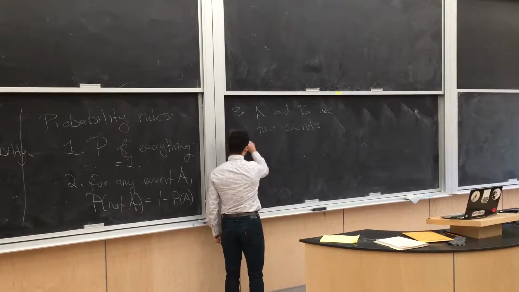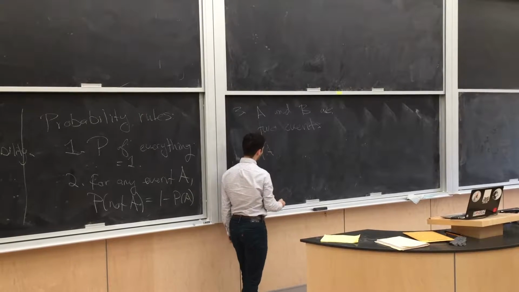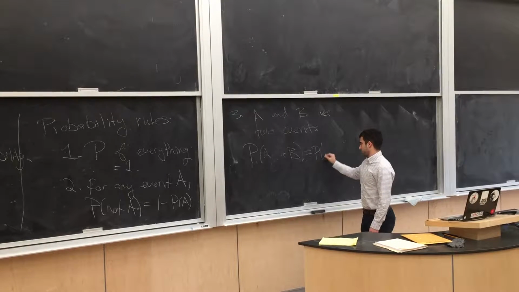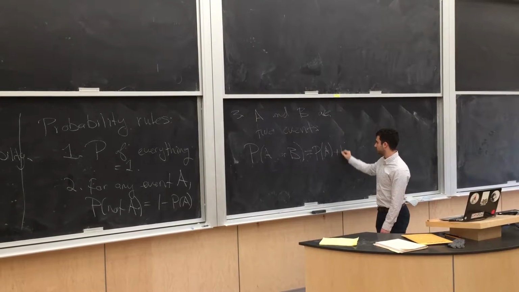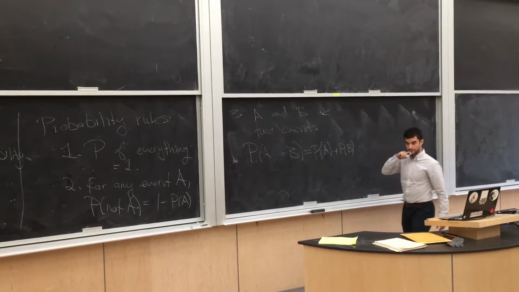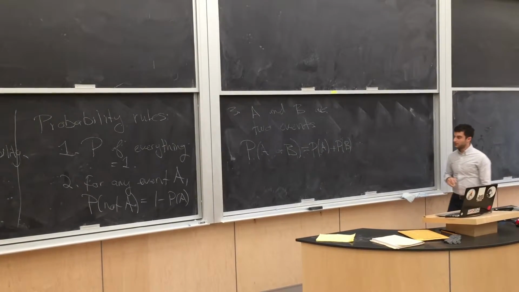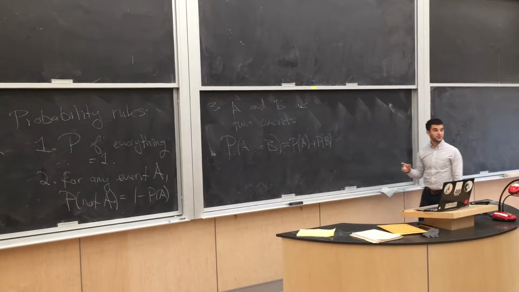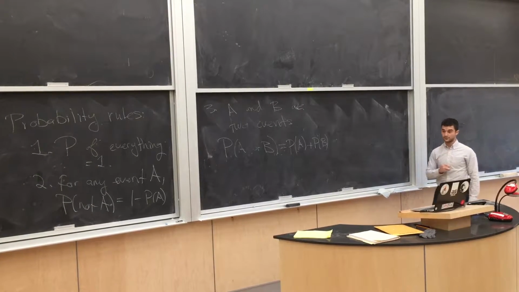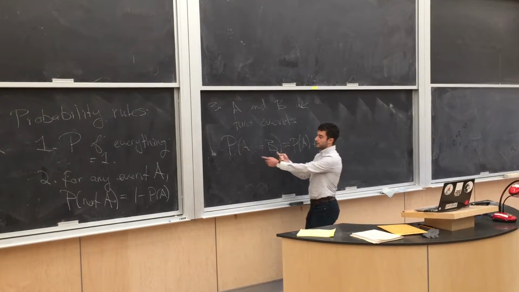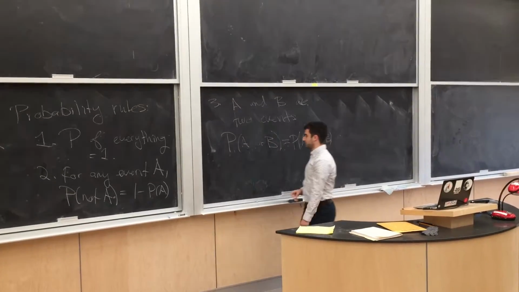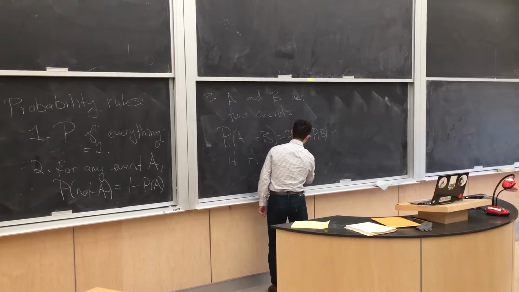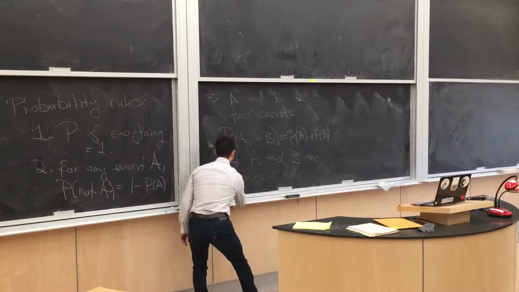Then the probability of A happening or B happening is the probability of A plus the probability of B. Except there's some condition we need on A and B for this to actually be true. So who remembers what that condition was? No overlap. Yeah, these two need to be disjoint events. This is if A and B are disjoint.